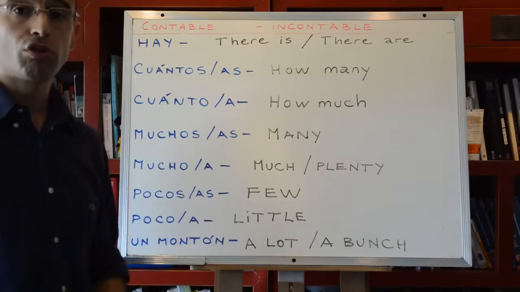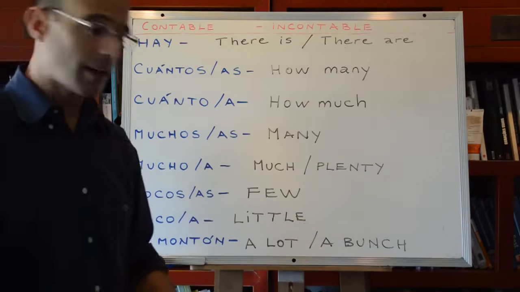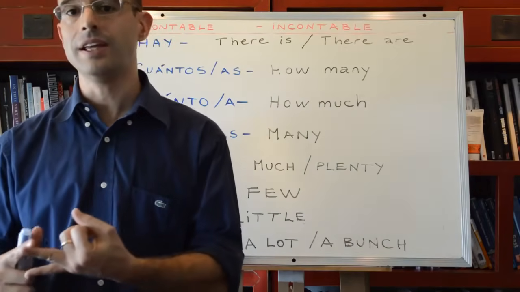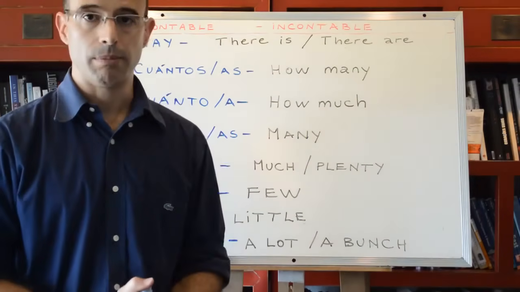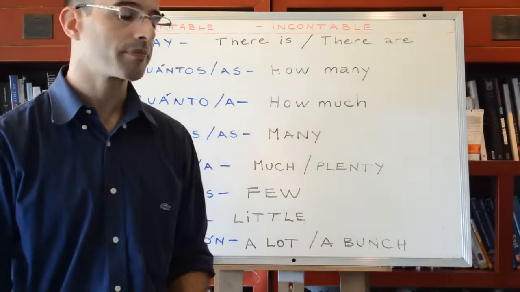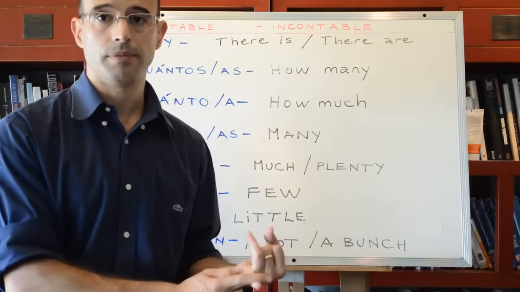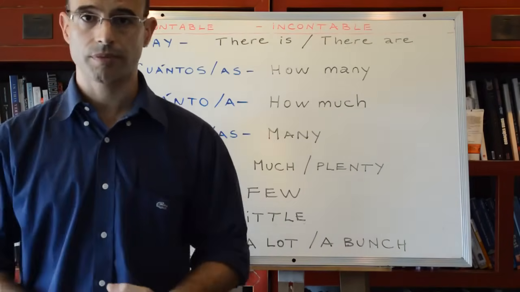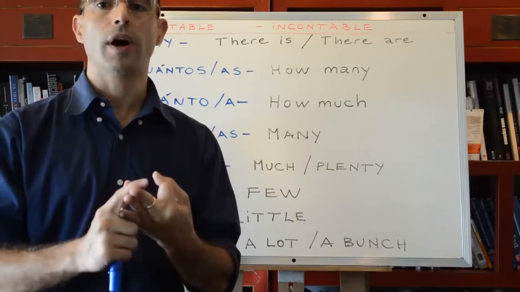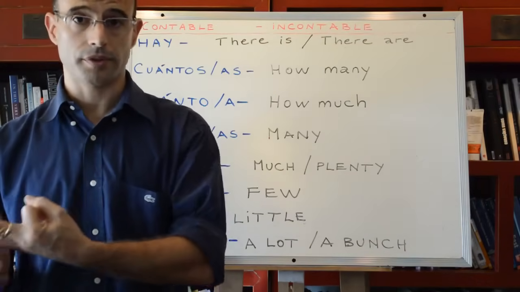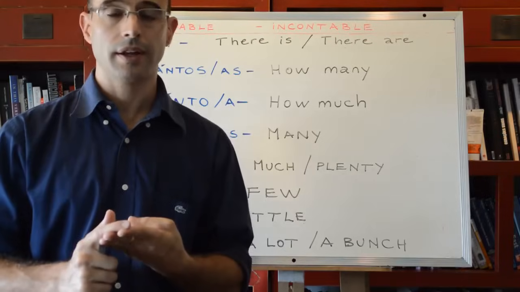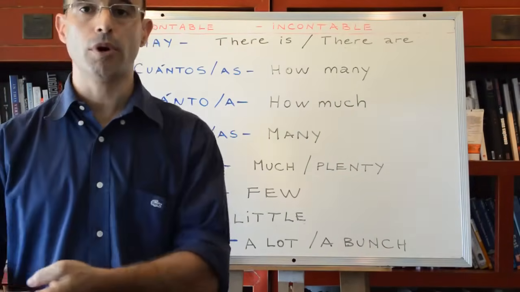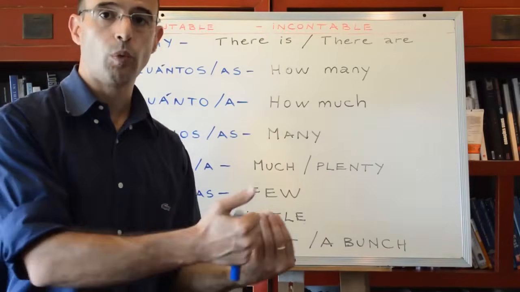En español, solamente usamos hay para indicar lo que existe de alguna cosa, ya sea contable o ya sea incontable. Por ejemplo, hay un libro, there is a book. Hay una casa, there is a house. Hay mucha agua, there is plenty of water. Hay poca agua, there is little water. Okay? Hay muy poca agua, there is very little water.